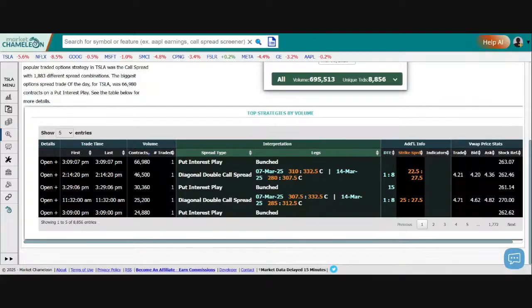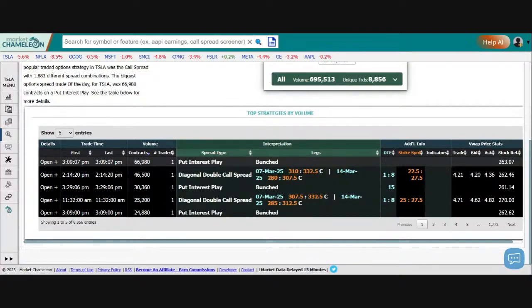And some of it, you probably need some experience to understand what may have been going on with these spreads, because you have your call spreads or put spreads that everybody understands. But I'm just looking at it right now and seeing, just from experience, that I do know what this put interest rate play is.